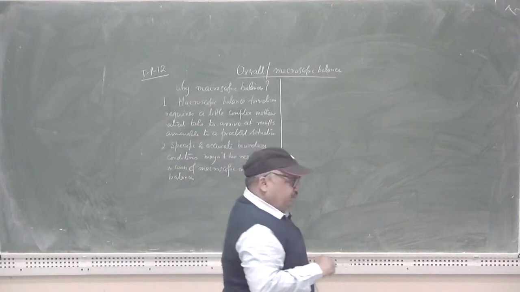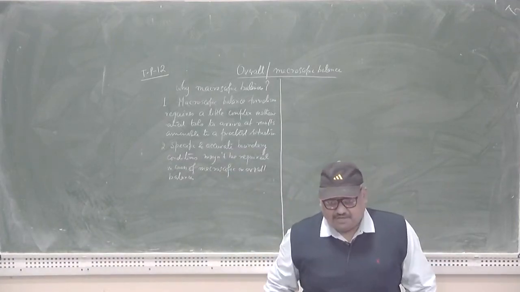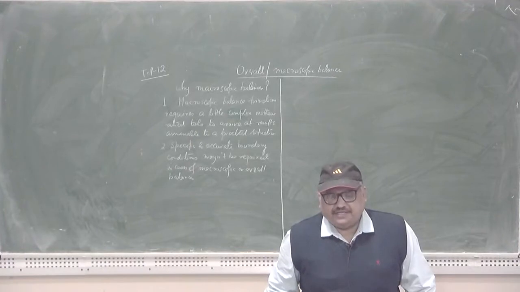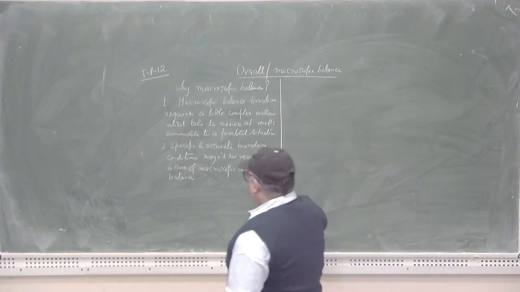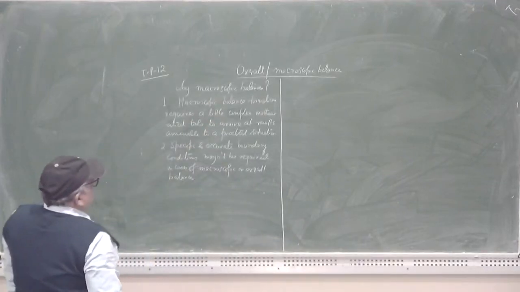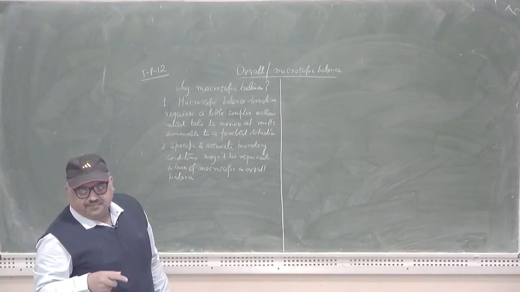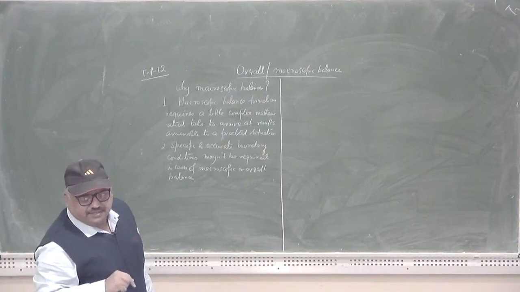Such type of accuracy in the boundary condition is very difficult so far as the practical engineering problems are concerned. So this is the second advantage associated with this macroscopic balance. So that is why it is regarded as a useful means for the practicing engineer.